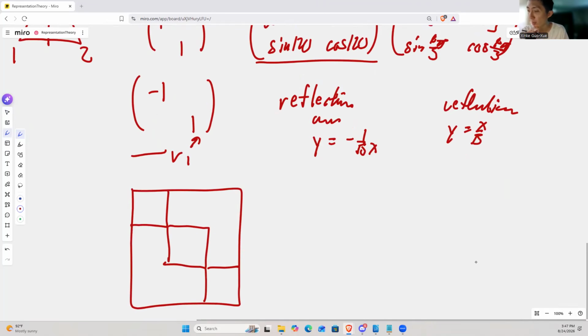So every representation can be written as a direct sum of these blocks.